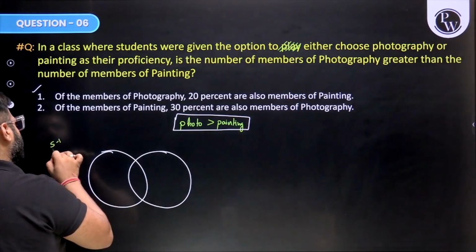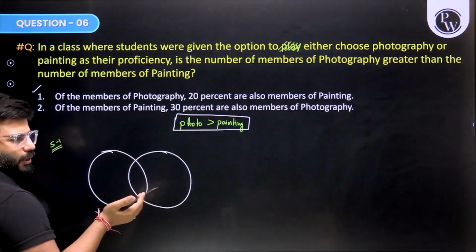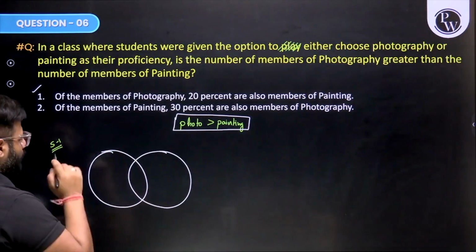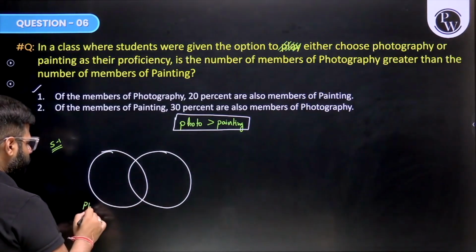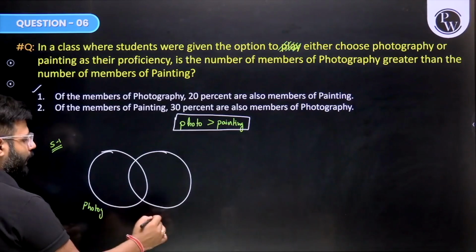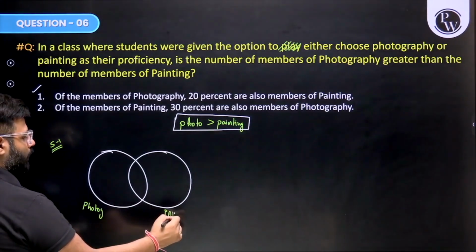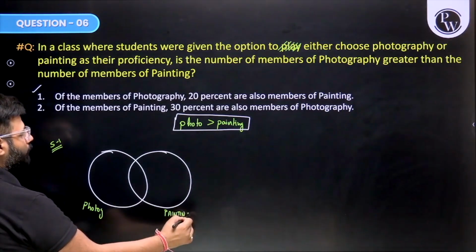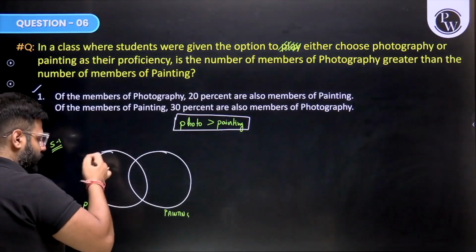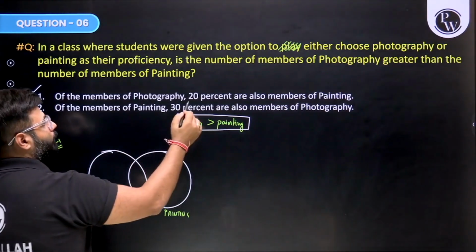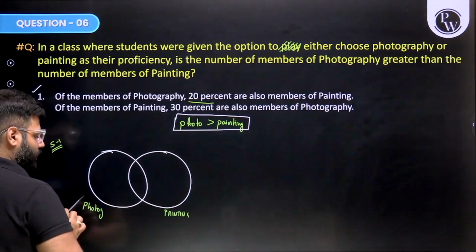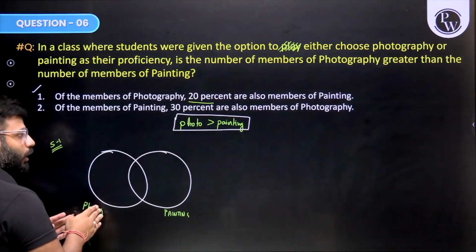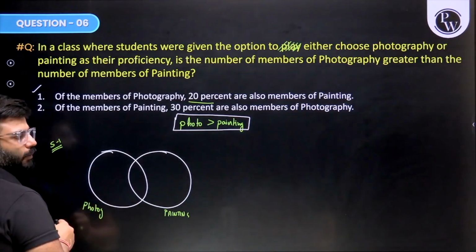Trying statement one. So now see guys, of course we have to play percentage, right? If this is photography and this is painting, अब देखो आपको क्या निकालना है? आपको निकालना है of these members of photography, 20% are the members of painting as well. So इसका 20%, total of this photography का 20%.